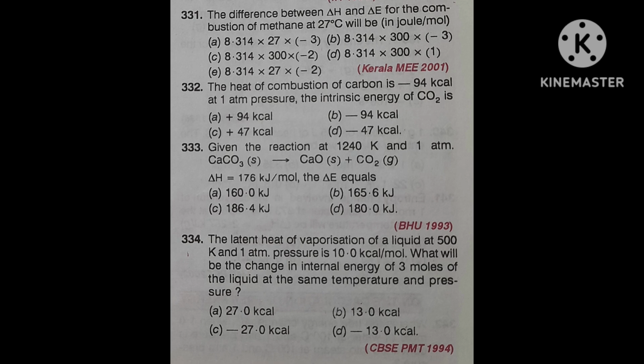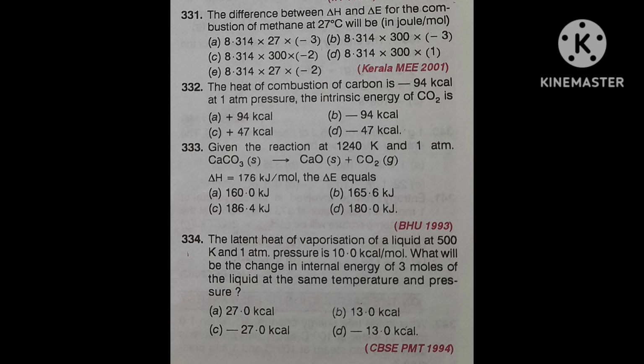And in this case delta E will be equal to delta H. Okay. Then how will delta n be calculated? Then you write the reaction C plus O2. C is solid, O2 gas, CO2 is again gas. Then carbon solid you have to not consider, product minus reactant.